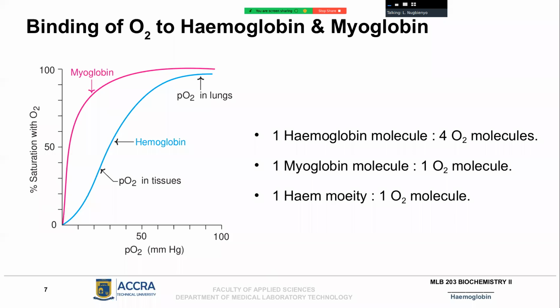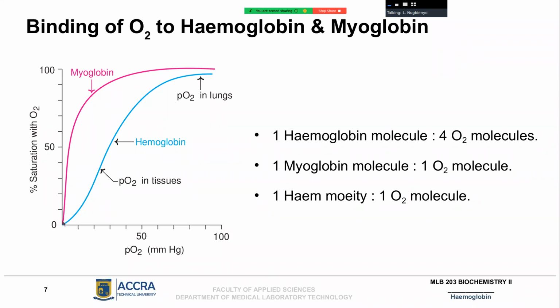It is just one monomer of a protein and a heme bound together for myoglobin. So once one molecule of oxygen binds to it, myoglobin becomes saturated. And so myoglobin gets saturated faster. So you see the graph being very steep.